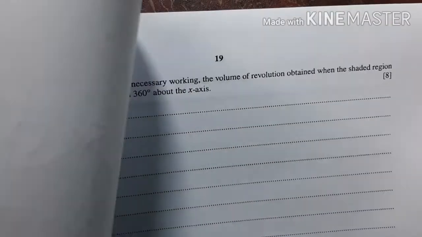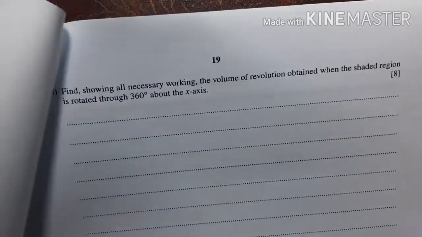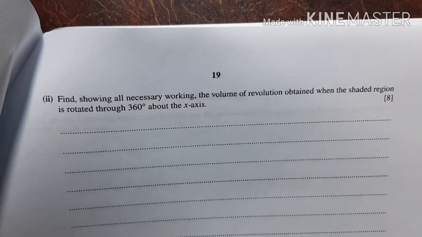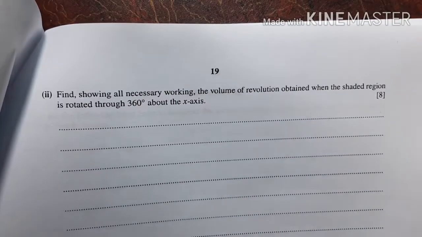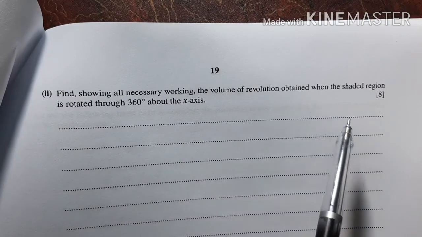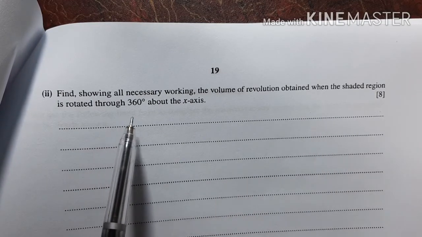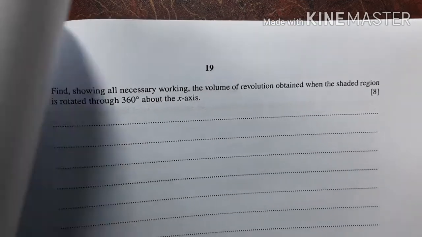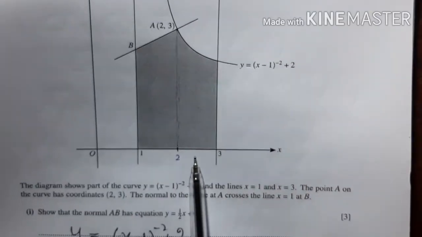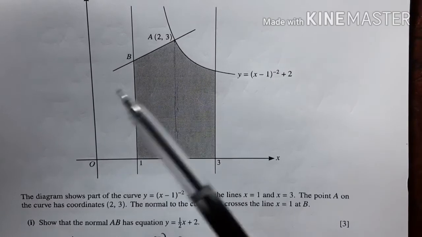Okay, for part 2, this is quite a complicated part. Find, showing all necessary working, the volume of revolution obtained when the shaded region is rotated 360 degrees about the x-axis. This is the shaded region which is going to rotate about the x-axis.